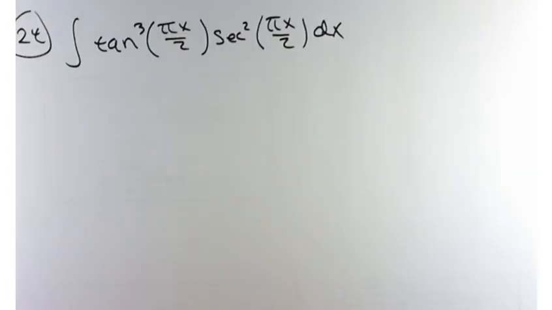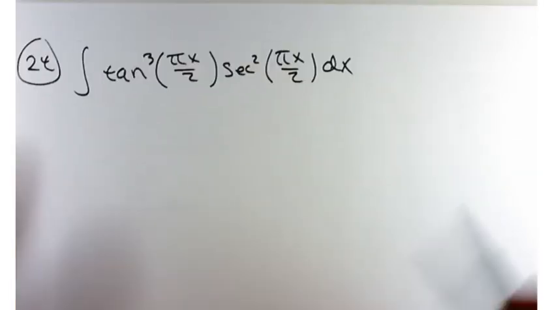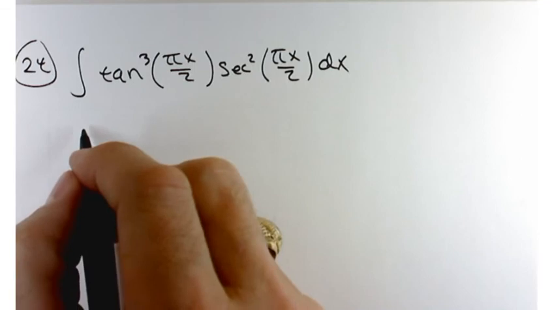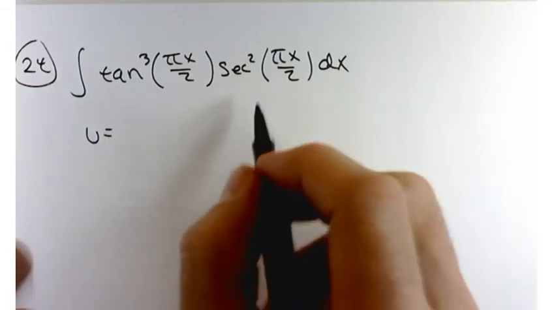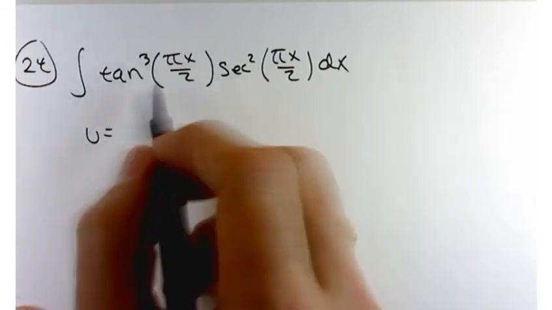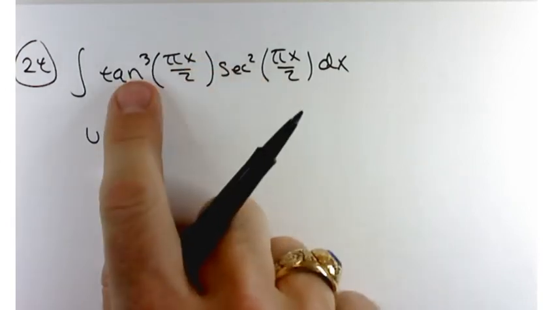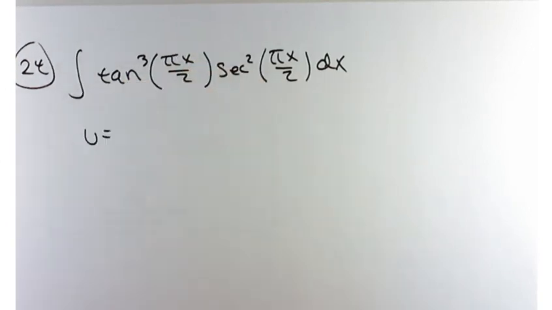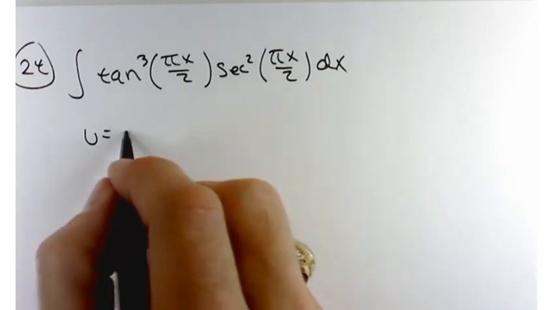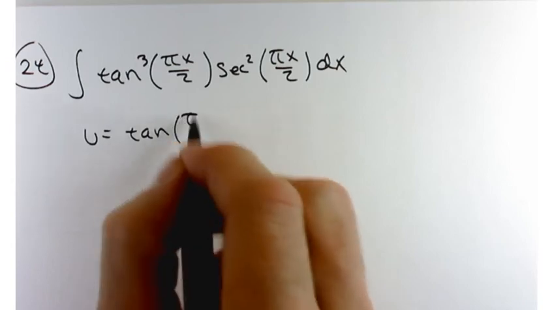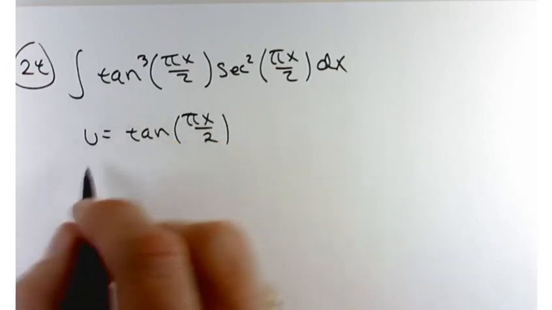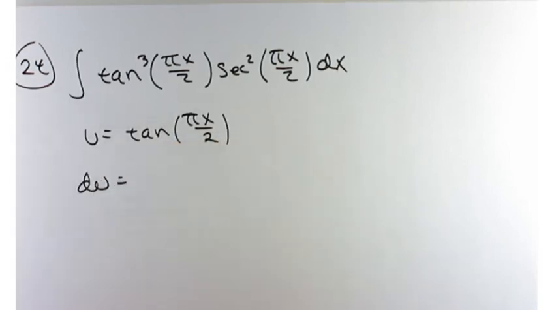Okay, I think a lot of you are doing all right on this one, so let's go through it. Since you've got a secant squared here, and secant squared is the derivative of tangent, it's just begging you for a u substitution. We'll let u equal tangent of pi x over 2. For du, you have to be a little bit careful.